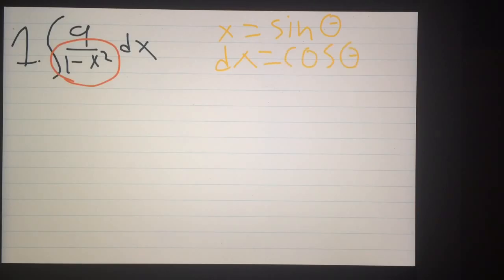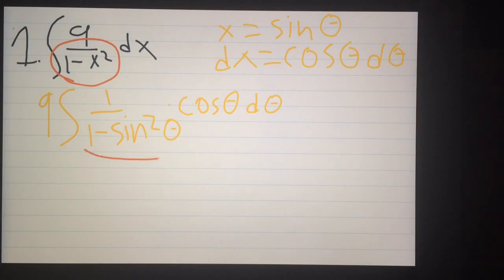Now let's just rewrite it. We can move the 9 outside of the integral, because it's just a constant, and rewrite it as 1 over the square root of 1 minus sine squared theta times cosine theta d theta. Well, again, recognizing form, this 1 minus sine squared theta is just equal to cosine squared theta.